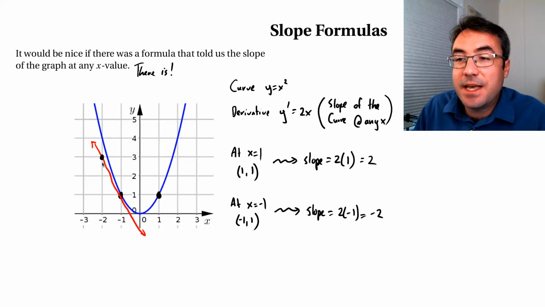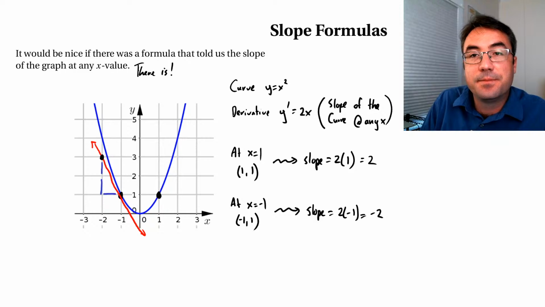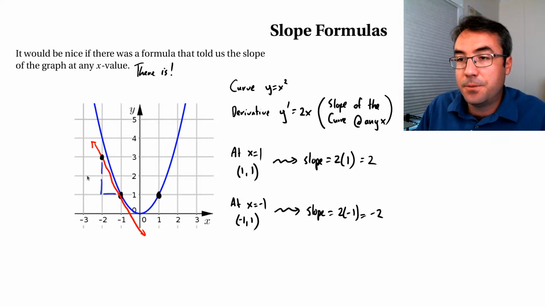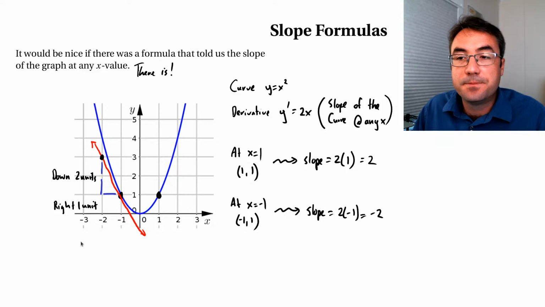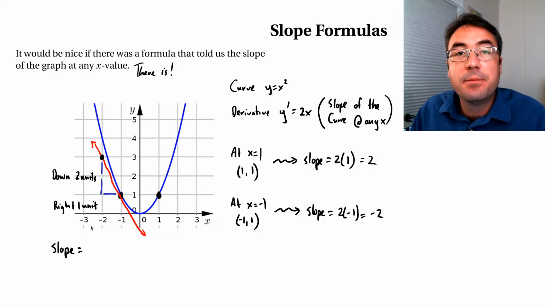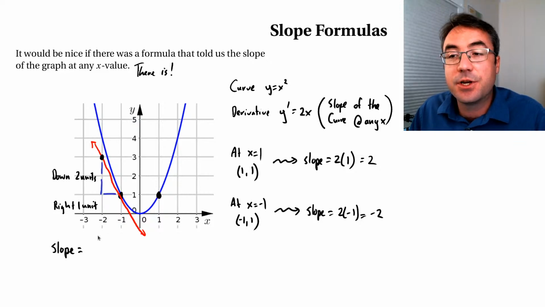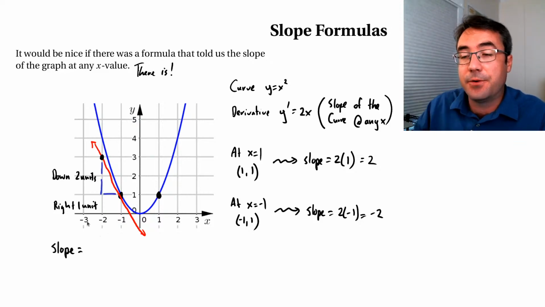And what we're seeing is that we go down 2 units and then to the right 1 unit. And so the slope is change in y over change in x, but change in y here is going to be negative because we're moving down.